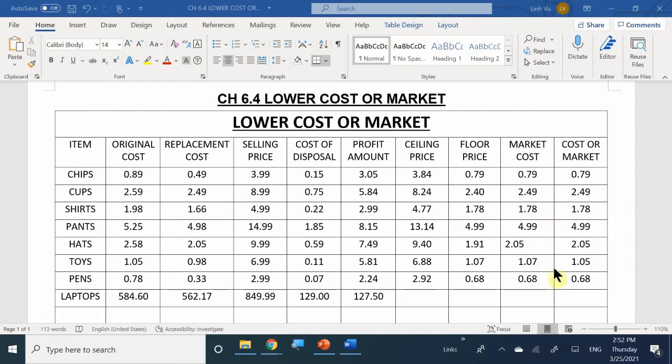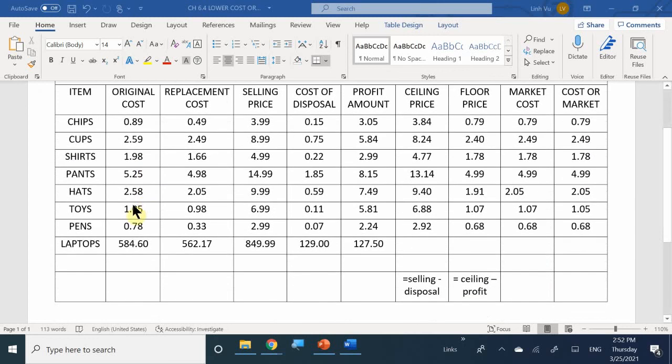Continue. Okay. So we have one more left to do here, right? We have our laptops. We originally purchased them at a cost of $584.60. The market is telling us that it's not that cost anymore. It's significantly lower.